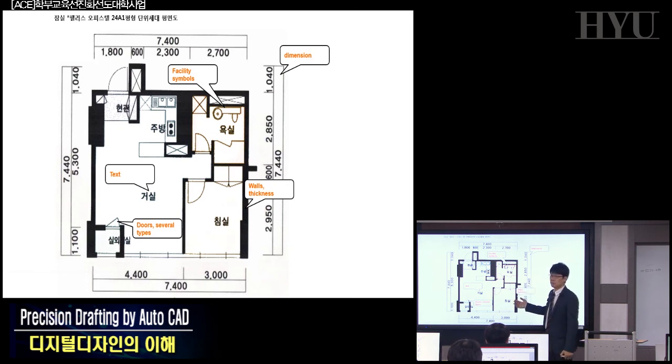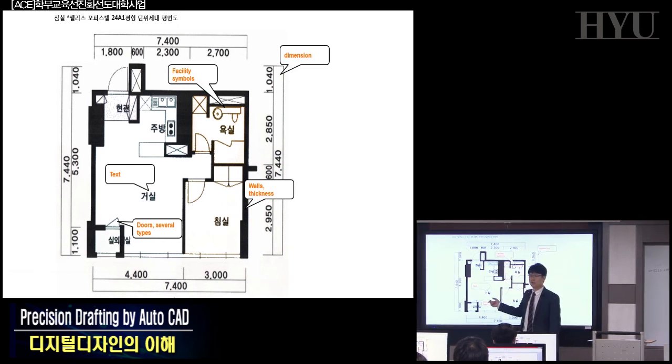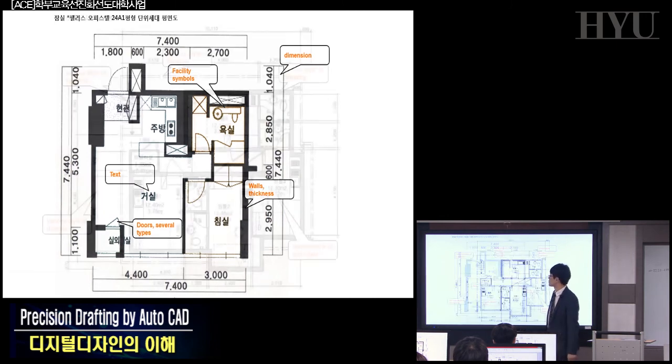I told you there is no 600 millimeter thickness walls, okay? That's very important. Facility symbols: you may know, okay, this is a toilet and some sink bowl, closet, and some door, object, and so on. Also, you can put text by using AutoCAD.